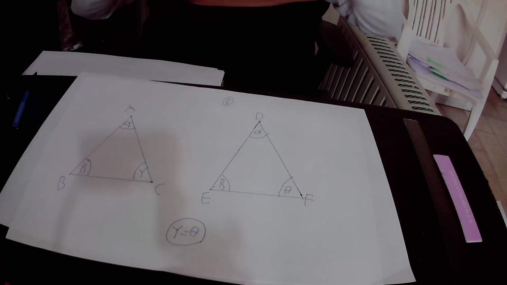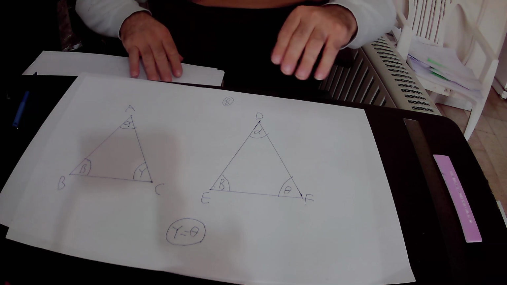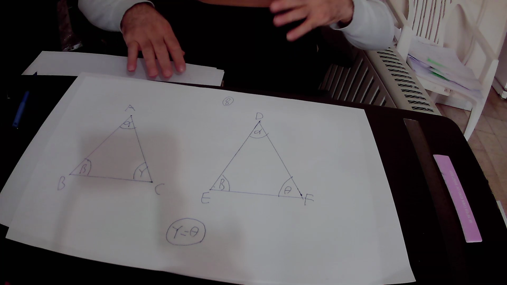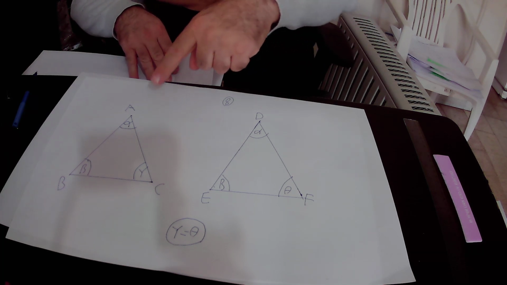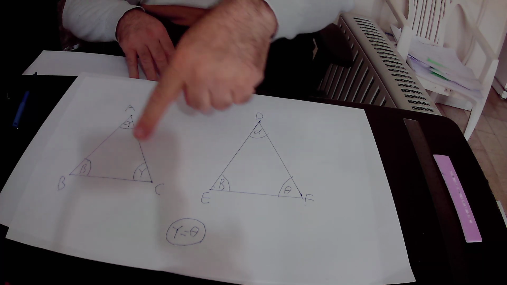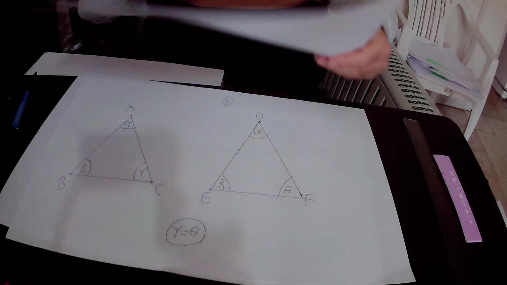We actually proved that the third angle theorem is true by using the rule that the sum of the angles in any triangle equals 180 degrees. The sum of the angles in triangle ABC equals 180 degrees, that is to say, alpha plus beta plus gamma equals 180 degrees.